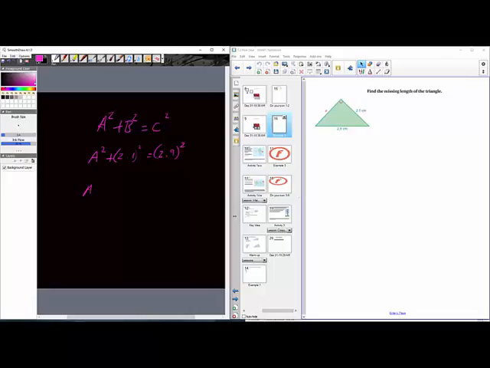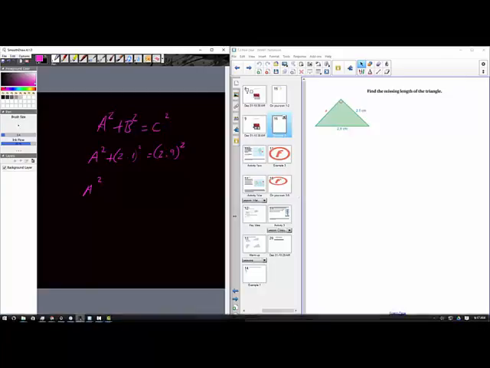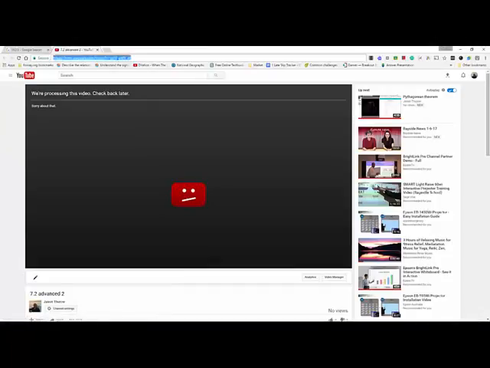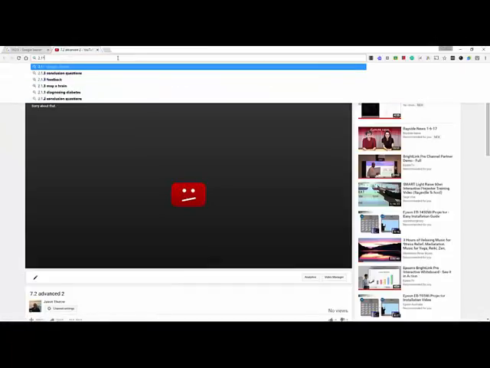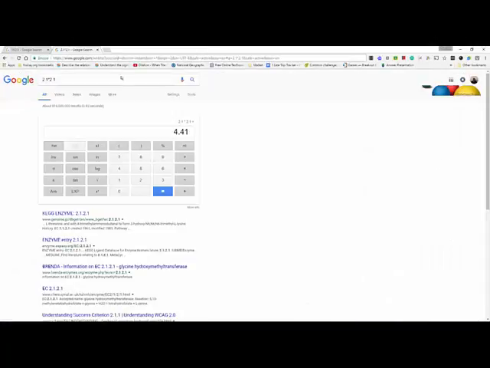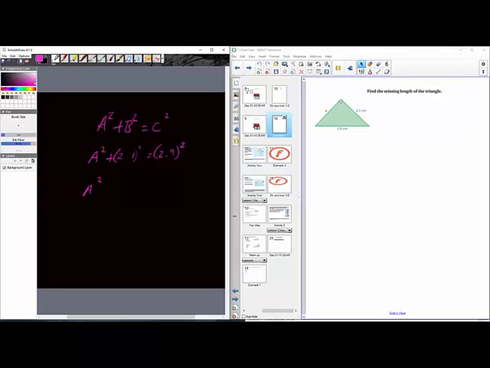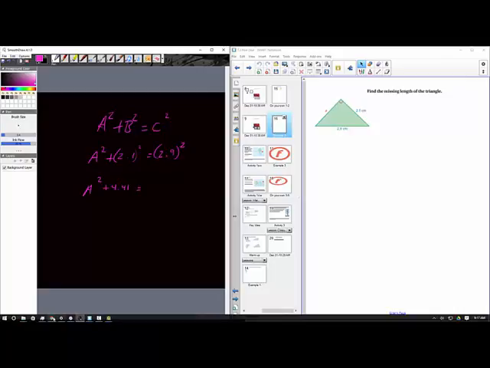I'll have my a squared, and then I have to think about what 2.1 times 2.1 is. So let's just do that real fast. So if I have 2.1 times 2.1, I'll have 4.41. So I'm going to write that down. So plus 4.41 equals, and now I have to do my 2.9 times 2.9, right? Same steps.